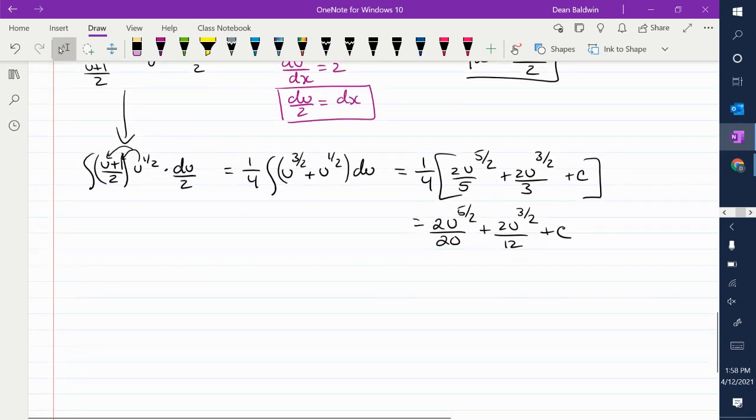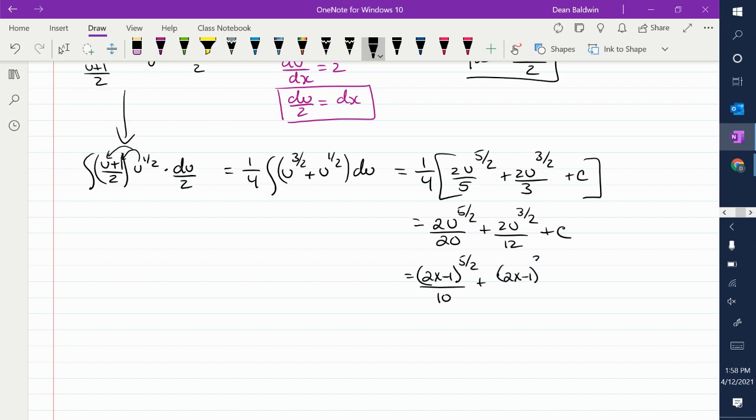What is u? 2x minus 1. Then 6 plus c. So that is the answer.